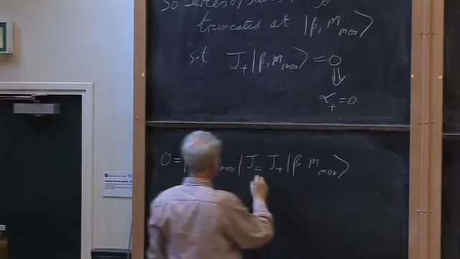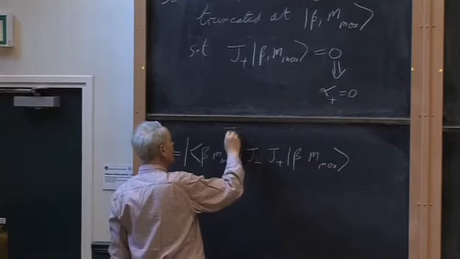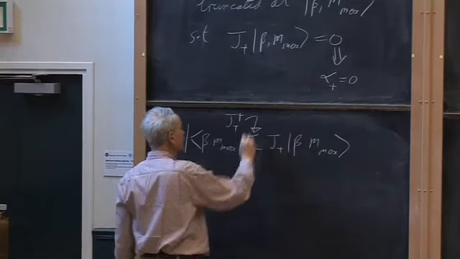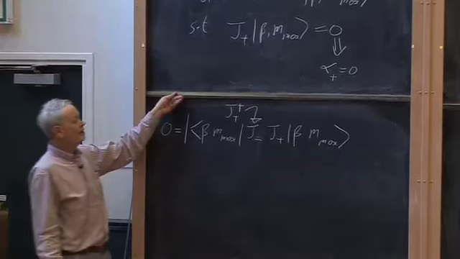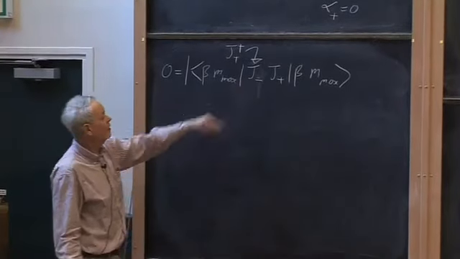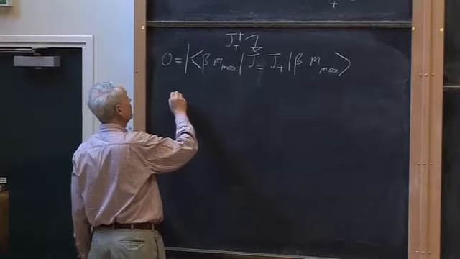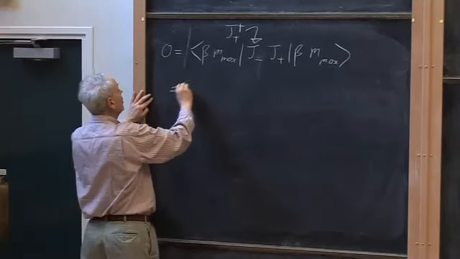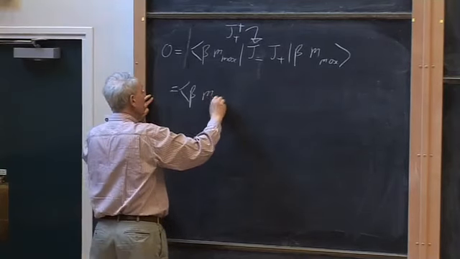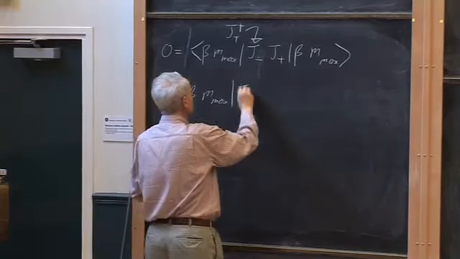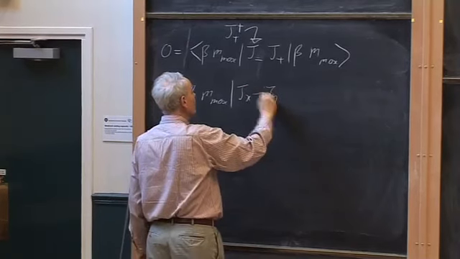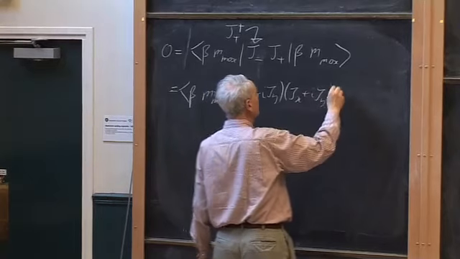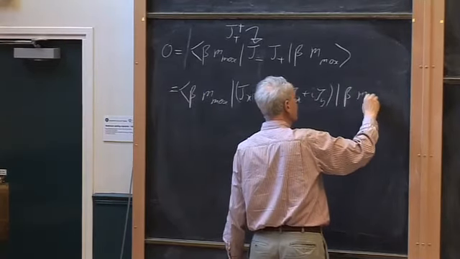I pointed out earlier on that j plus dagger is j minus. So let's see what we've got by looking inside. I don't need the mod square, that's already taken care of. So this is beta m max, jx minus i jy, jx plus i jy, close brackets, beta m max.